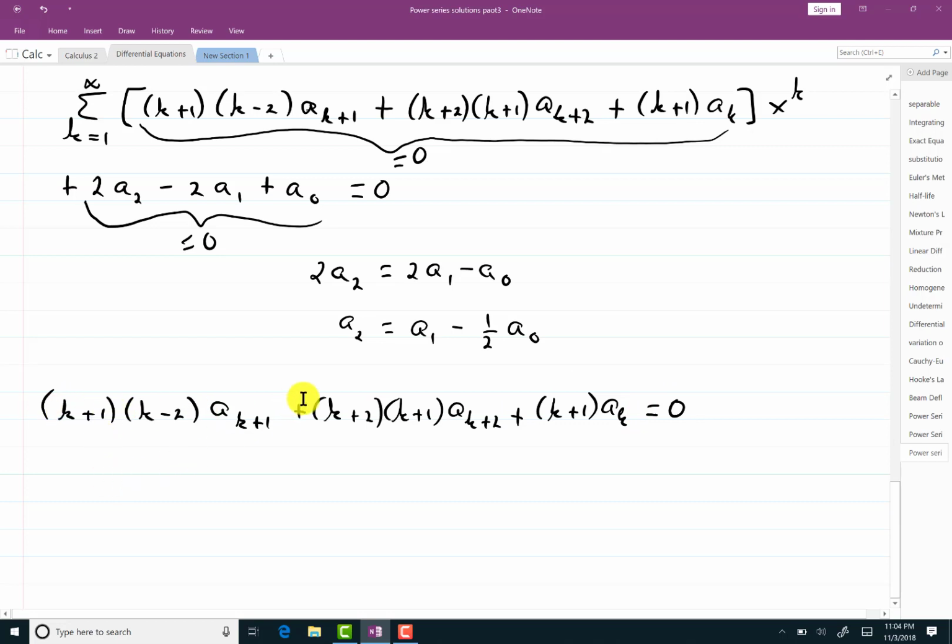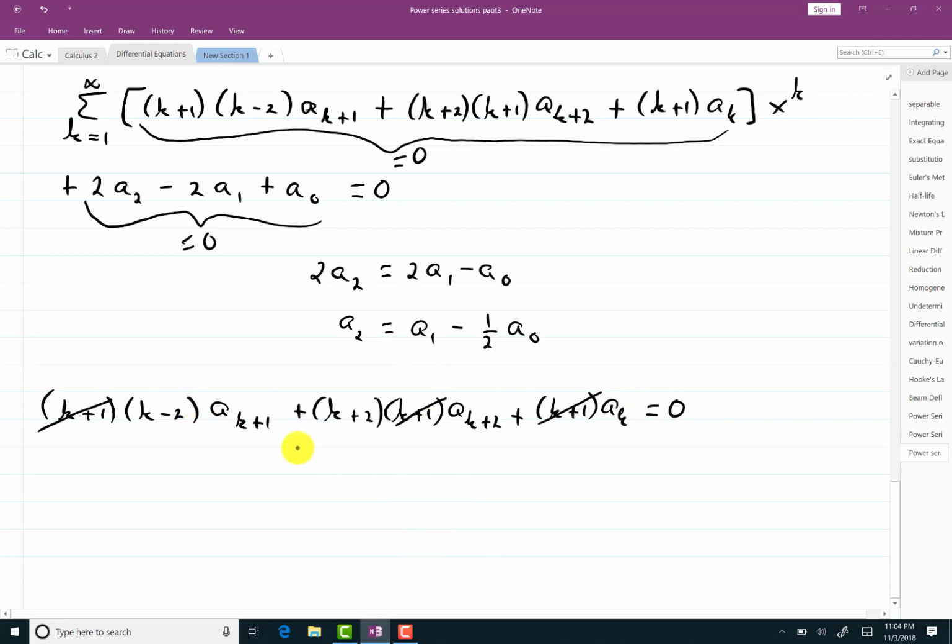Notice that there is a k plus 1 attached to everything. So I'm going to divide everything by k plus 1. No worries there, since k is greater than or equal to 0. None of these are 0. And then as I did up here, I'm going to take the a sub k plus 2 and rewrite it in terms of the other things.